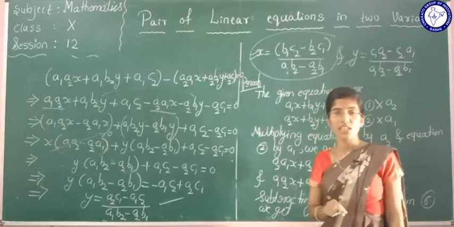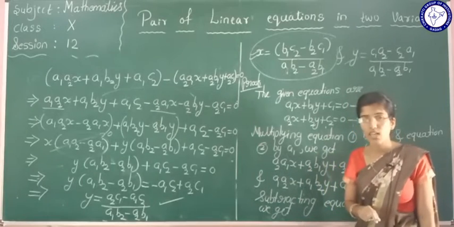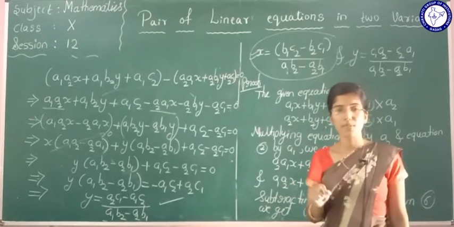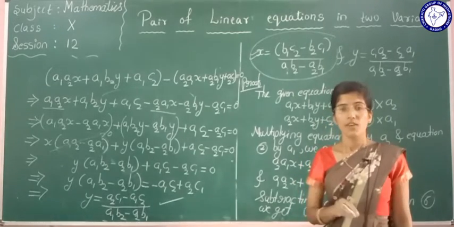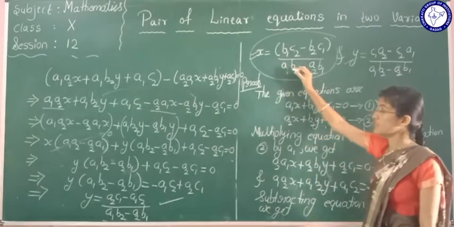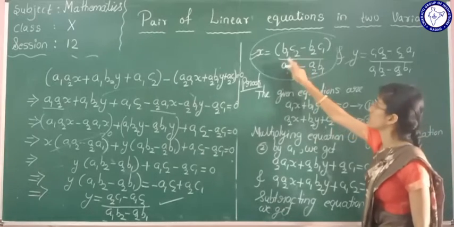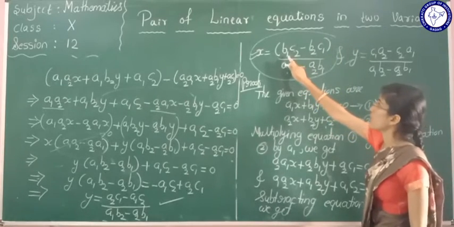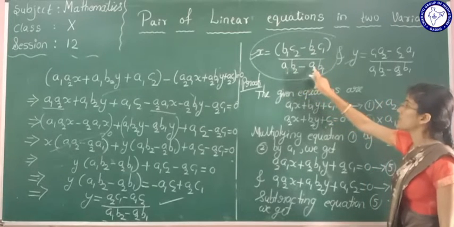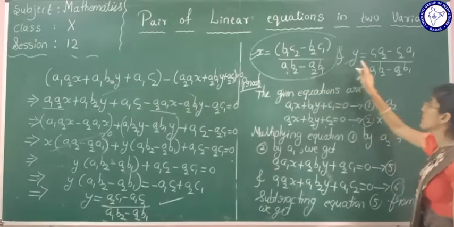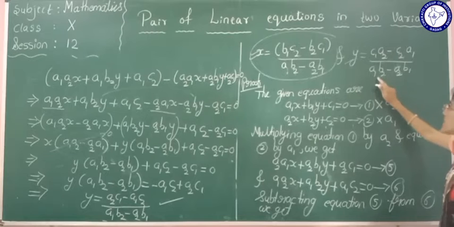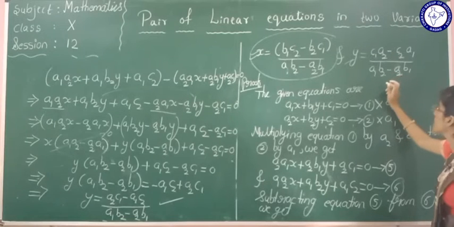For a pair of linear equations, that is a1x plus b1y plus c1 is equal to 0 and a2x plus b2y plus c2 is equal to 0, where a1 by a2 is not equal to b1 by b2, the solution of the equations is given by these values, that is x is equal to b1 c2 minus b2 c1 divided by a1 b2 minus a2 b1, and y is equal to c1 a2 minus c2 a1 divided by a1 b2 minus a2 b1.